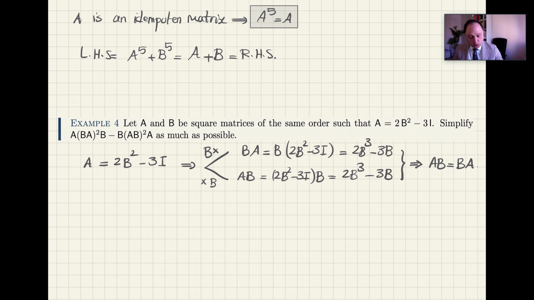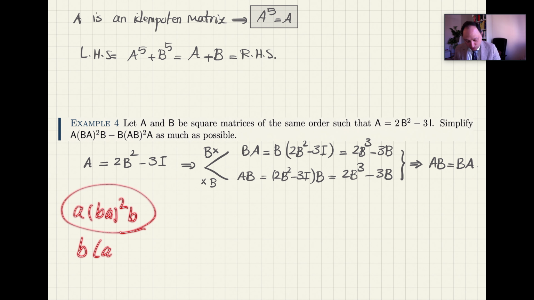Now that I know that these are commuting matrices, I can treat them as numbers. There is no difference between this and that, because they are the same numbers.